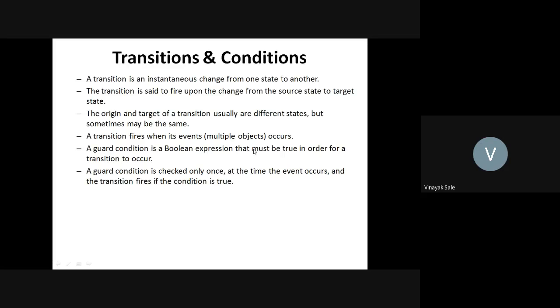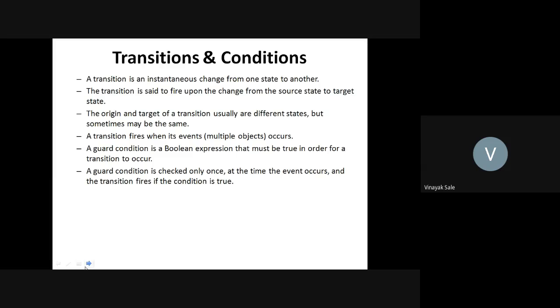Then transitions and conditions. A transition is an instantaneous change from one state to another state. A transition is said to fire upon the change from the source state to the target state.